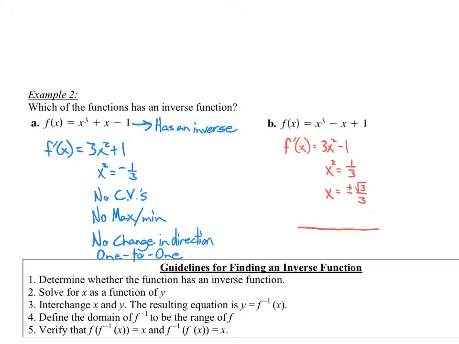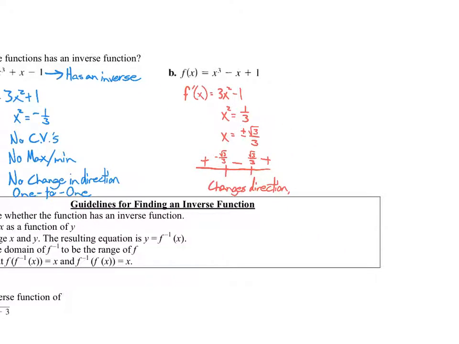If we do a sign diagram for that, where we have a negative root 3 over 3, a positive root 3 over 3, we'd actually end up going positive, negative, positive. We see changes in direction. So there is no inverse.